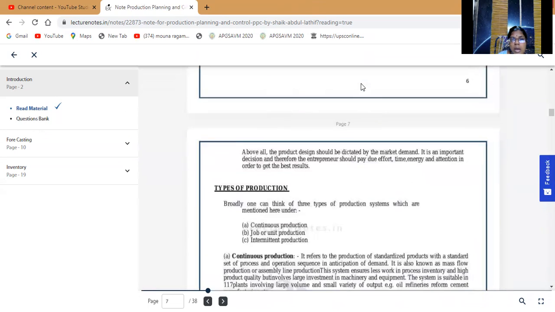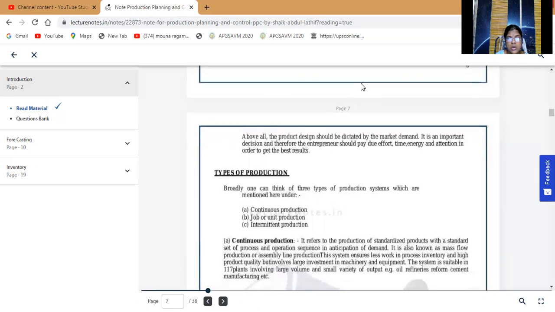Above all, the product design should be dictated by the market demand. It is an important decision, and therefore the entrepreneur should put in due time, energy and attention in order to get the best results.